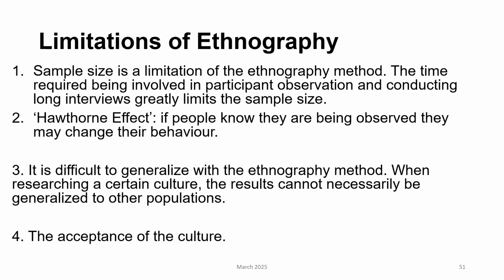They are the people who can grant access to the researcher. So to increase the acceptance of the culture and to be able to collect accurate information, developing key informants is an important and key concept in ethnographic research.